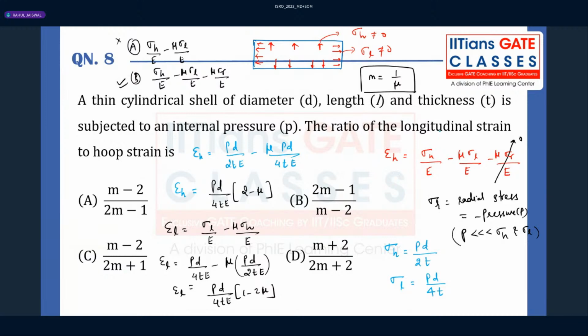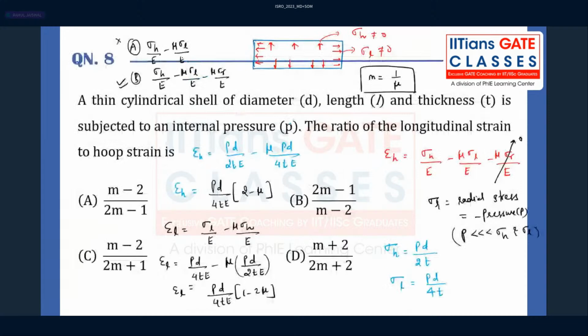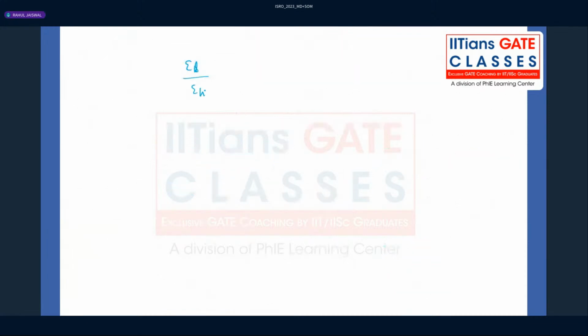Further, they are asking what is the longitudinal strain to hoop strain. So they are asking longitudinal to hoop strain. PD divided by 4TE times 1 minus 2 mu, over PD divided by 4TE times 2 minus mu.